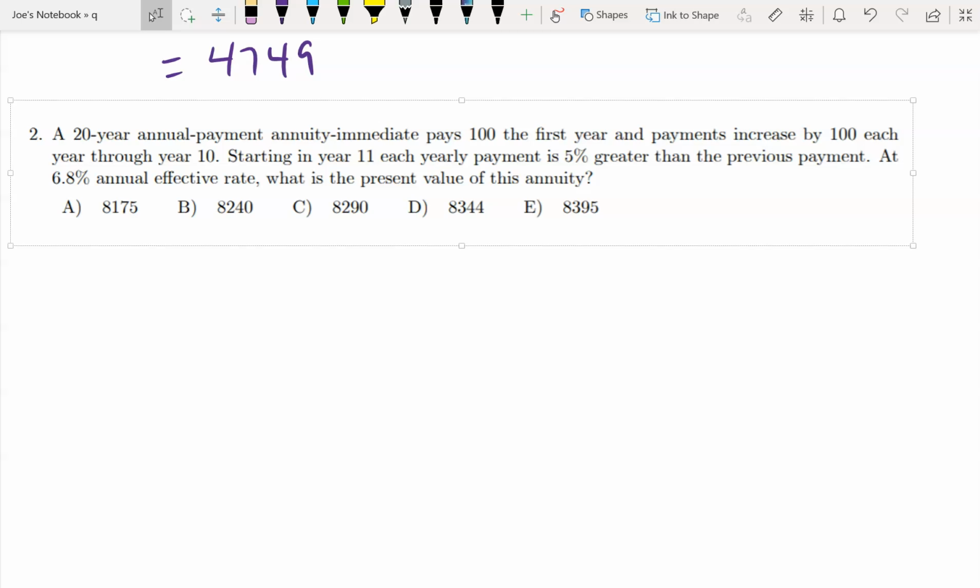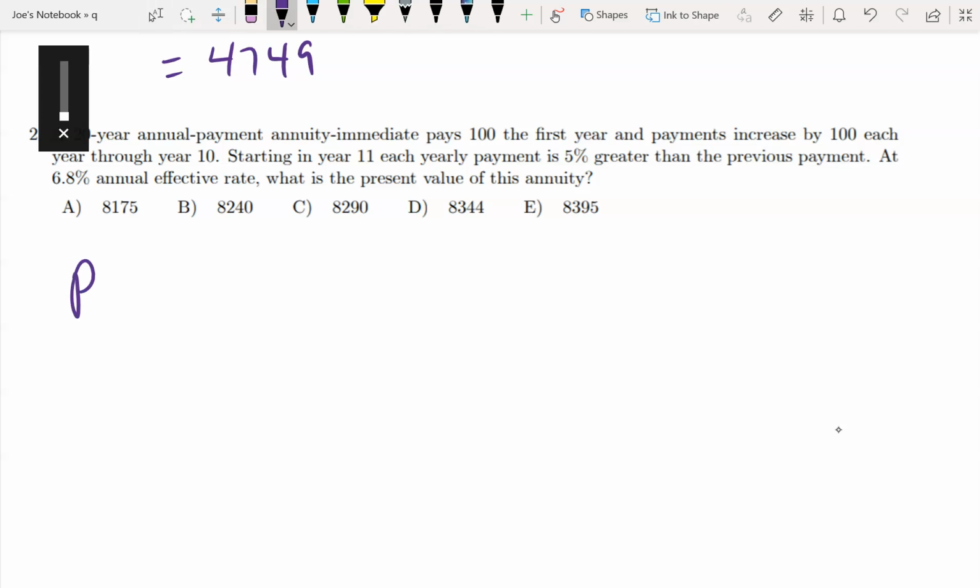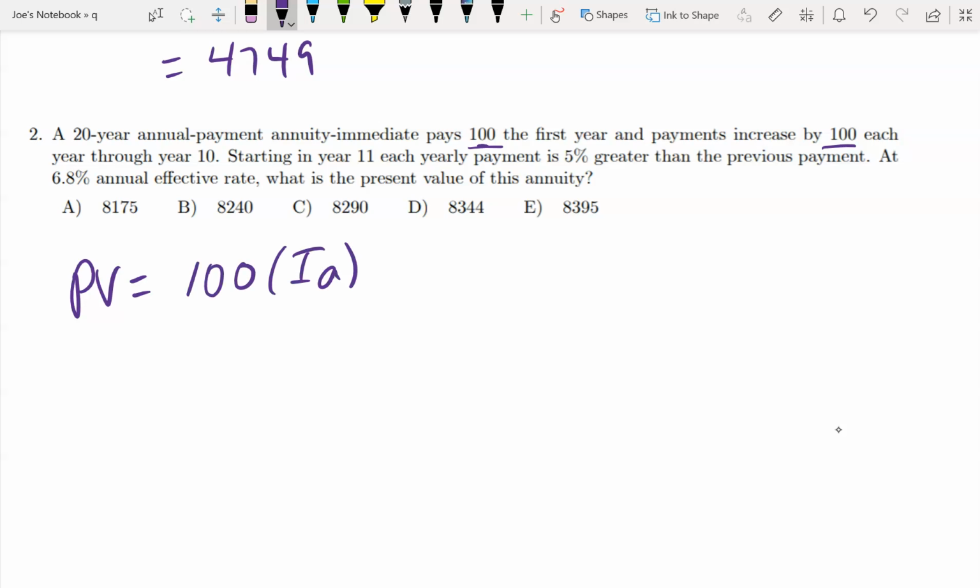So for the first part, we want the present value again. For the first part, we've got the increase and the first payment are both the same. So this is going to be a 100 IA angle 10, right? We agree with that part?